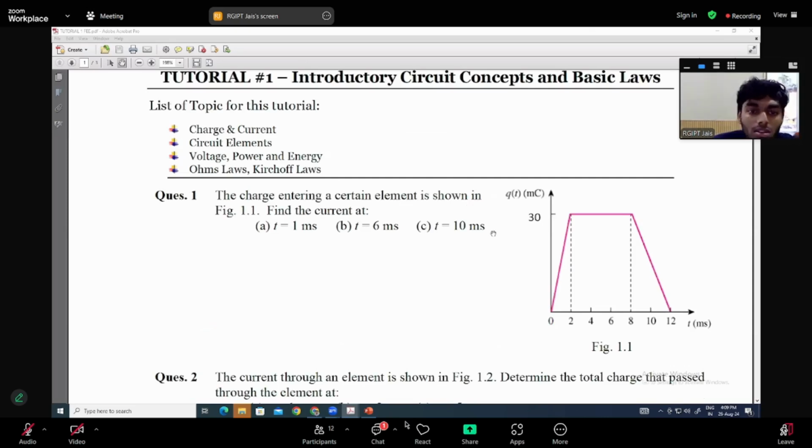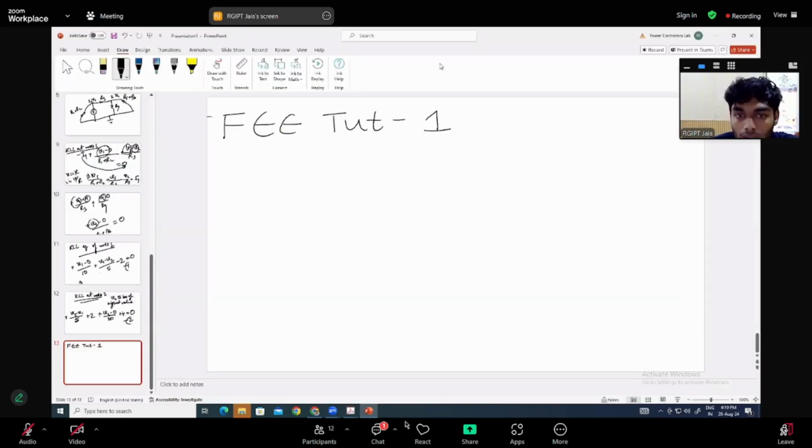The first question is: the charge entering a certain element is shown in figure 1.1. We have to find the current at time t equals 1 millisecond.